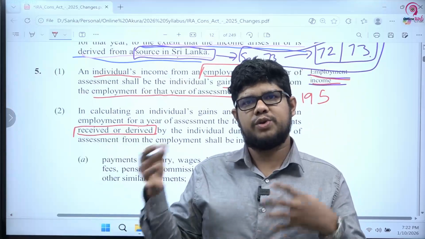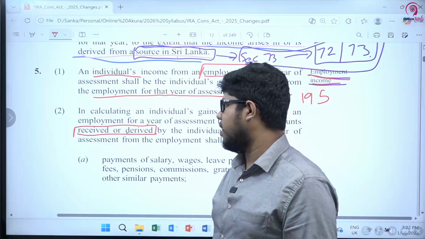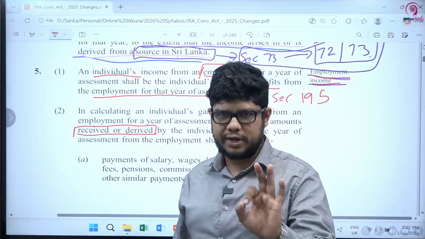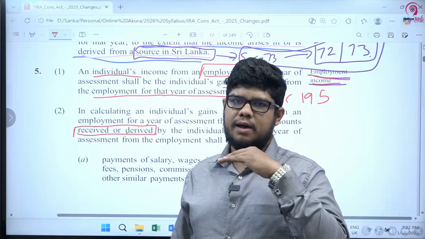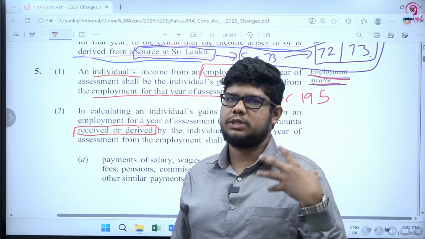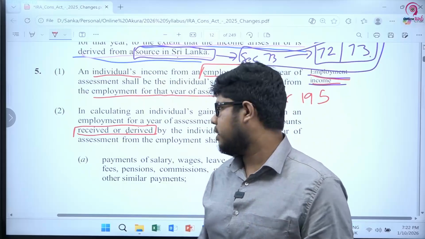So can you take it into your income? No, not yet received, not yet derived. Employment income, you will learn under section 21, method of accounting; if you are taking cash basis, only if you receive the cash do you take it into your income. We will learn later.